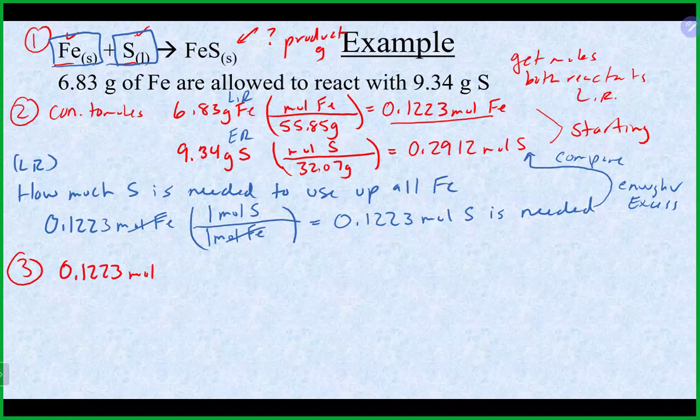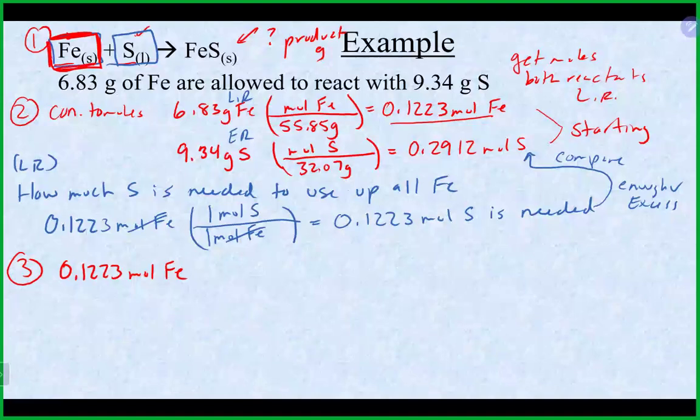0.1223 moles of iron. And now we're going to do the relationship between our limiting reagent and our product, which is kind of what we're interested in. And that also, in this particular case, happens to be a 1 mole to 1 mole relationship based off of the coefficient.